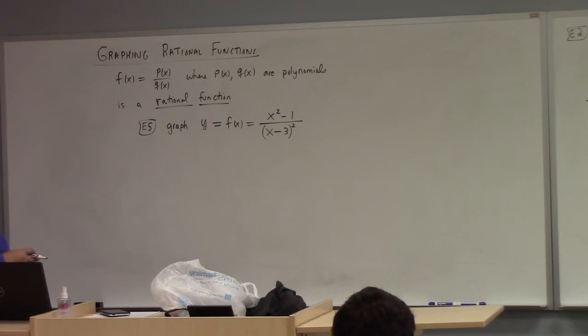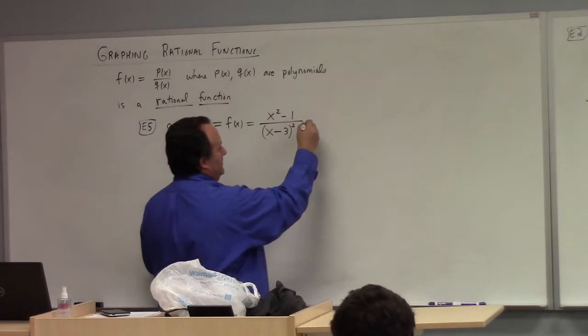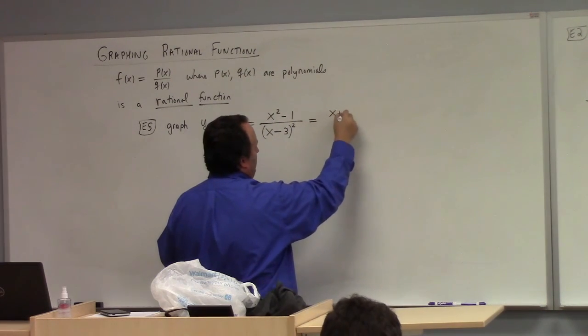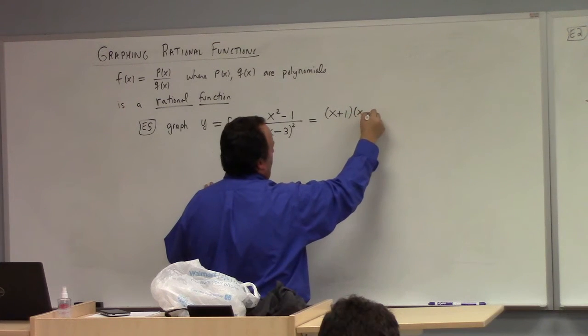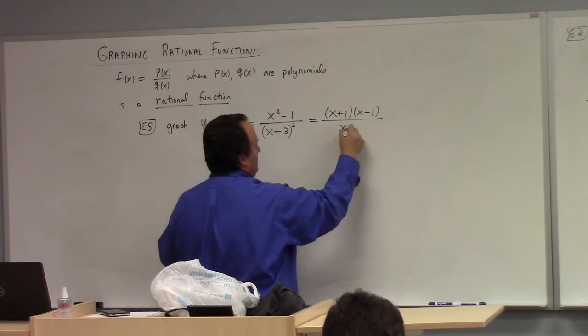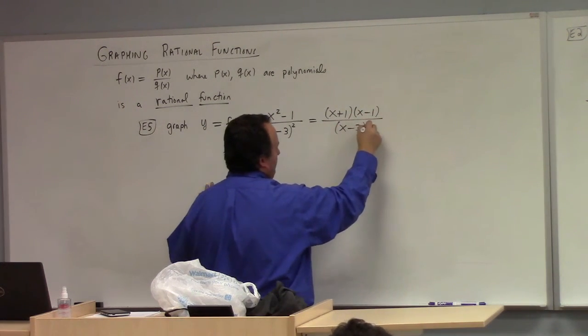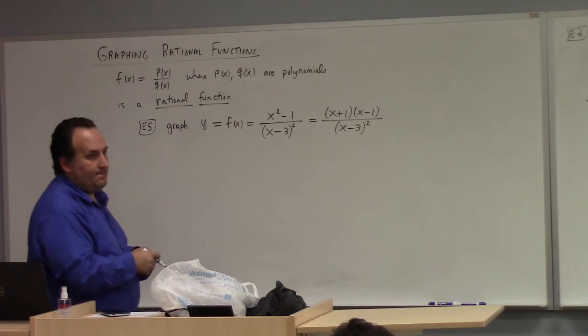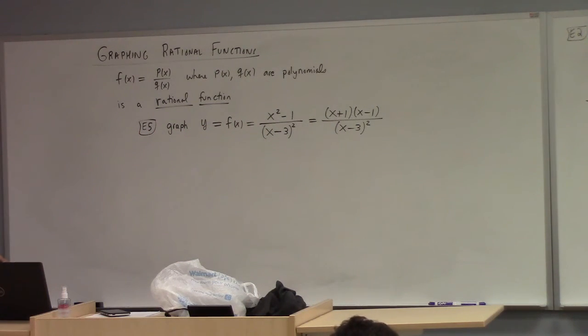So the first order of business is to factor anything that we can. And so here this is x plus 1, x minus 1 over x minus 3 squared. Do you factor the lower part? It's already factored. The denominator is already factored.